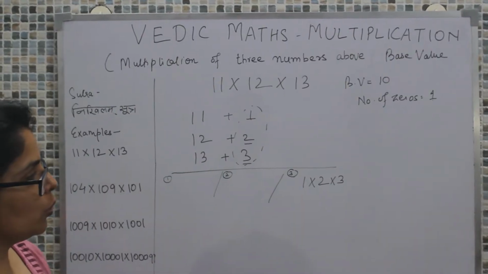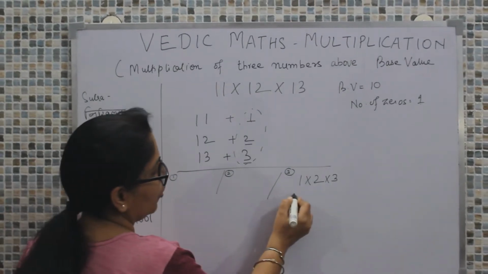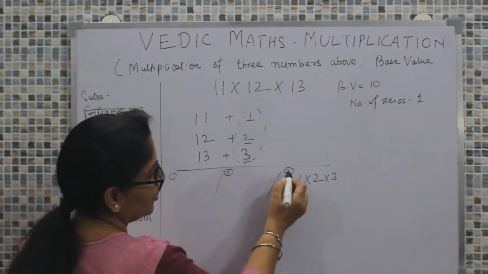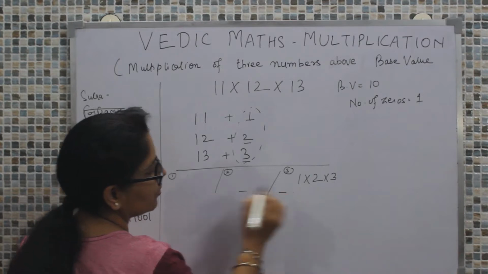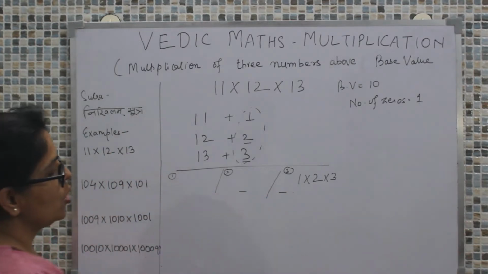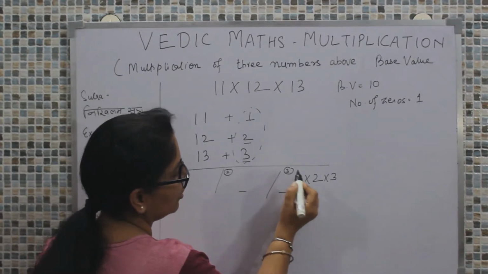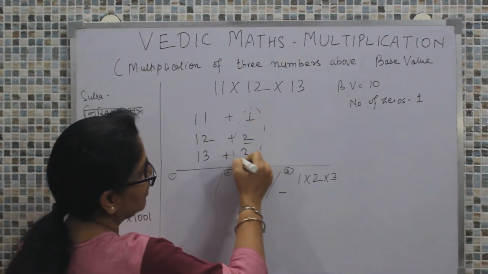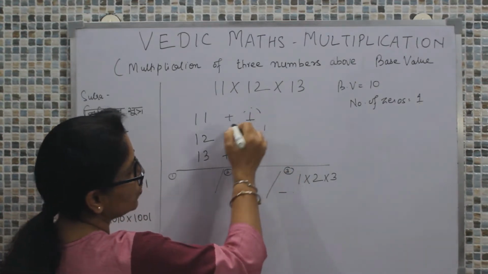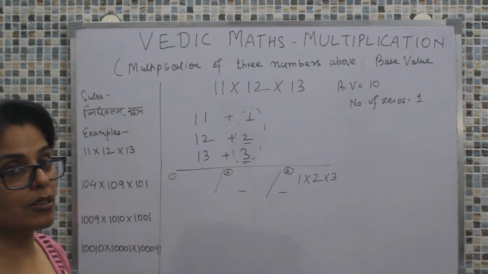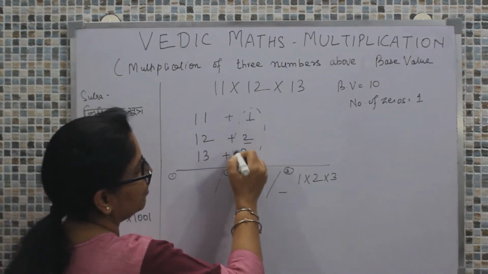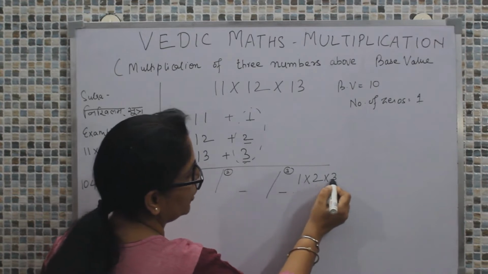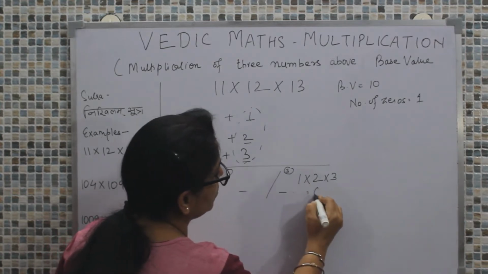The point to be noted is that for the second and the third place, we need to leave down a single space. Okay, so we have done the calculation of the third one, and the third is the multiplication of all the excess values along with the sign. Because we are having positive signs, it will be all plus, so that will be 1 into 2 into 3. So this will come out to be 6.